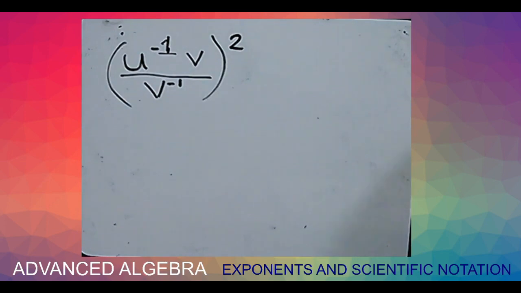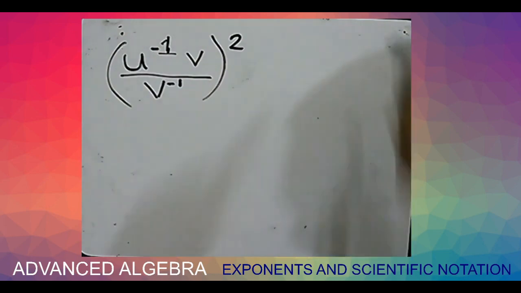So, next tayo. The quantity of u to the negative 1 power v over b to the negative 1 power, tapos close parenthesis raised to the second power. Meron tayong case dito, b to the negative 1 power sa denominator. Pag ganyan, susundin lang natin yung negative rule of exponent. Babalik-balikin natin siya.